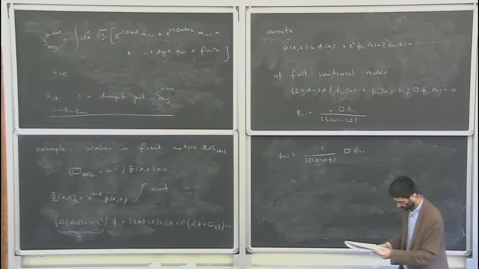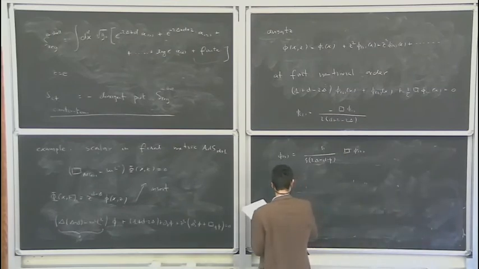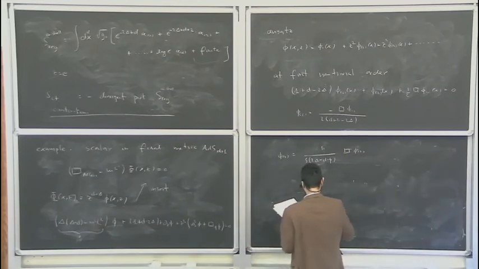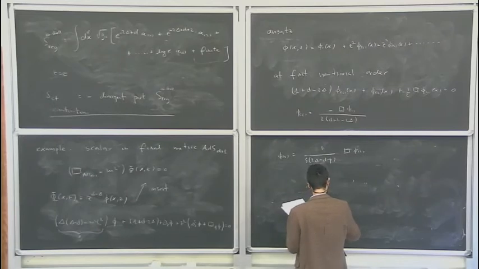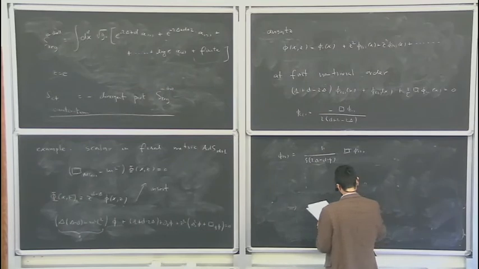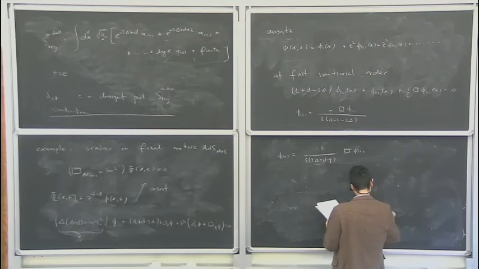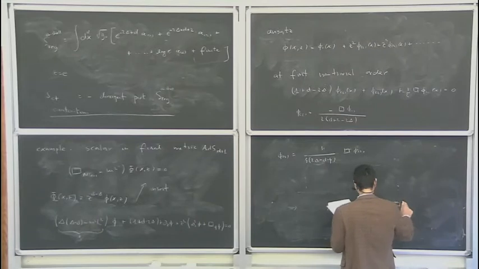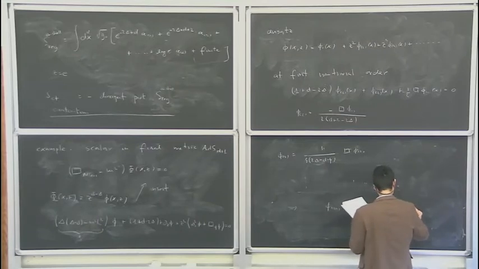And in fact, in general, phi order 2n is given by 1 over 2n (2 delta minus d minus 2n) times phi of the previous one.